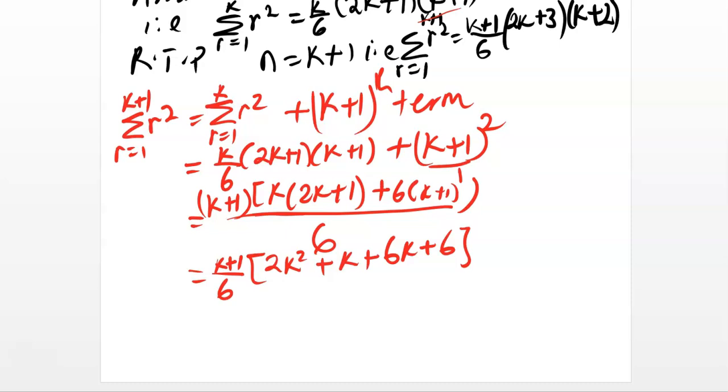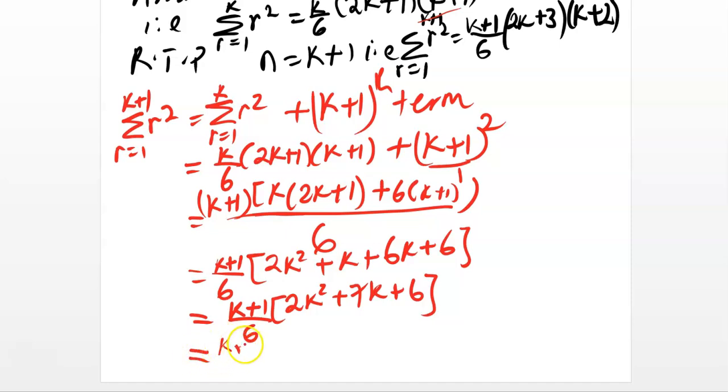which we will go ahead to factorize. I'm going to have k plus 1 over 6 into 2k squared plus 7k plus 6. This expression inside is a quadratic expression.